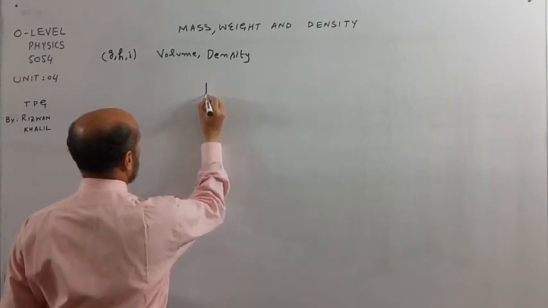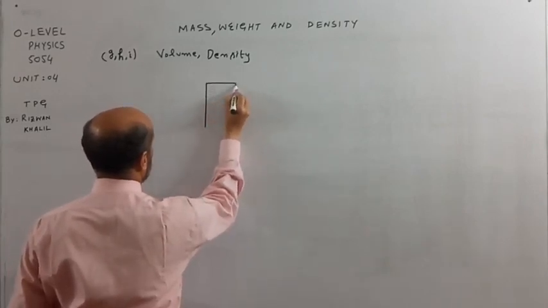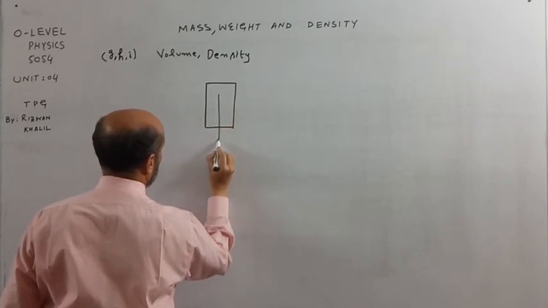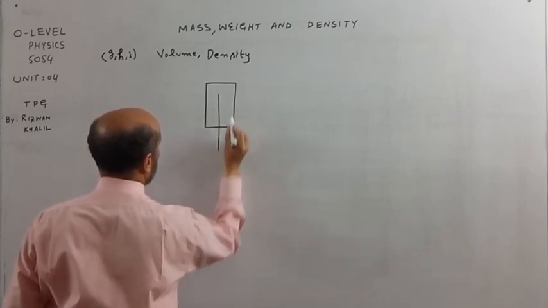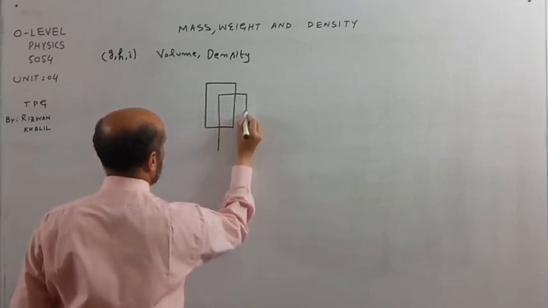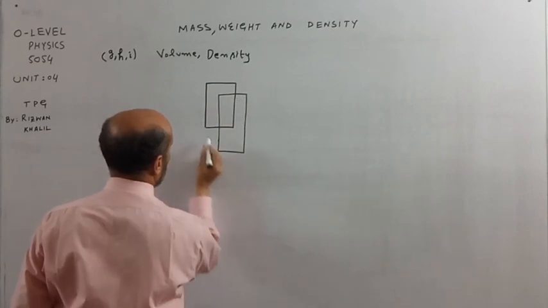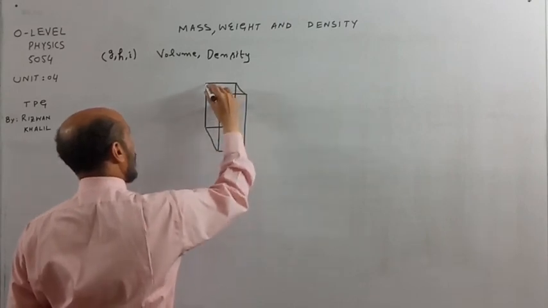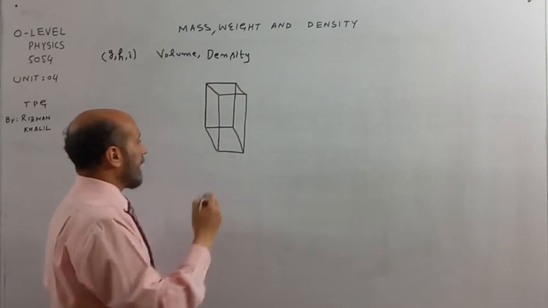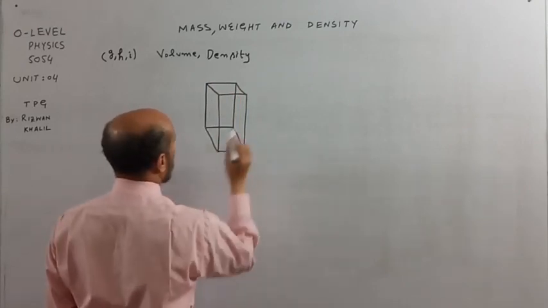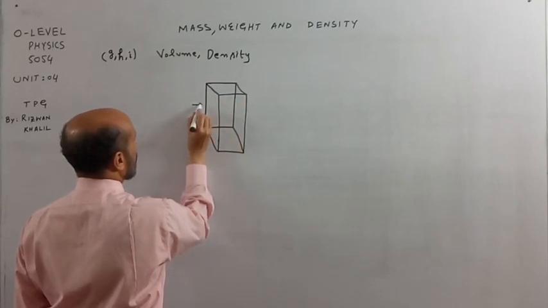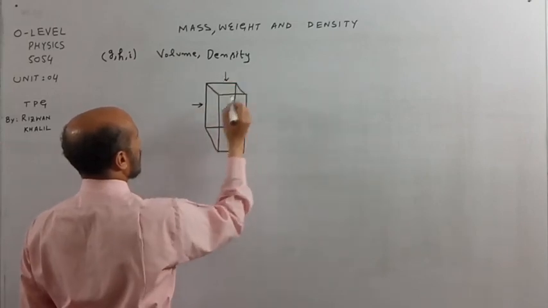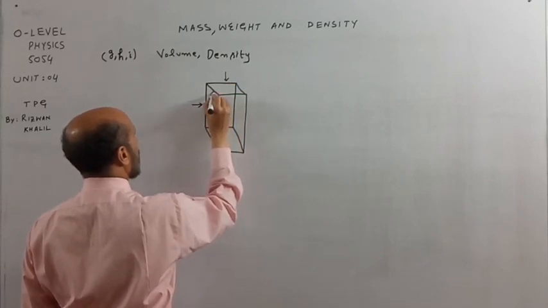Regular shaped bodies mean if I have a cube like this, then I can calculate its volume by considering this length, this length, and this length.